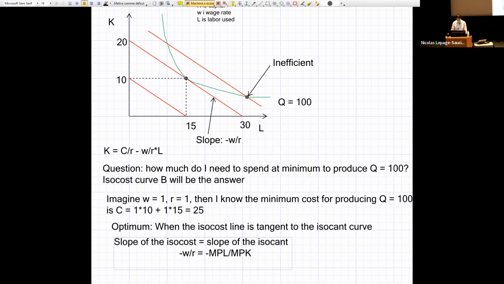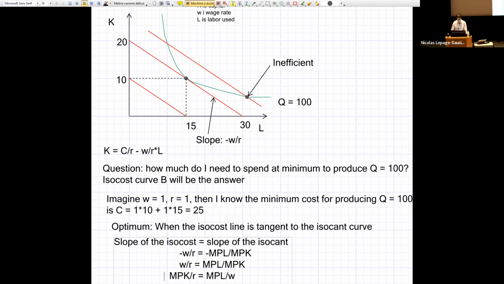And then what did we see earlier in the chapter? At the optimum, just remove the minuses there. So W over R has to be equal to this, or another way of saying the same thing is marginal product of labor divided by W has to be equal to the marginal product of capital divided by the rental rate.